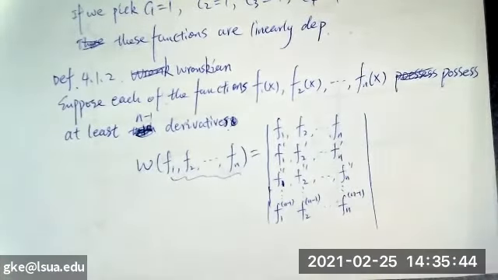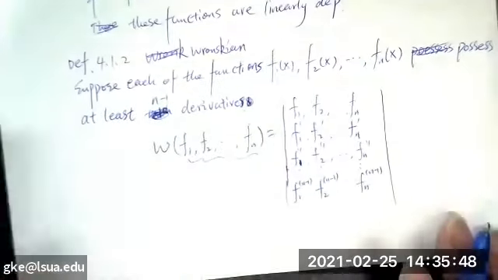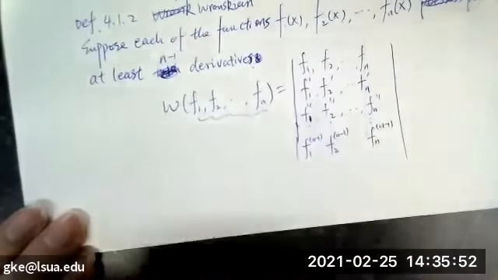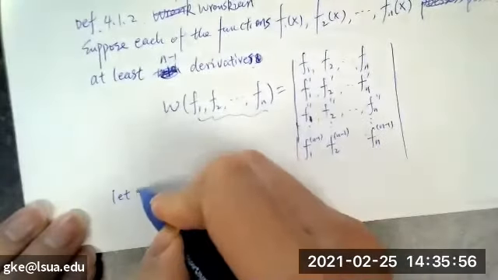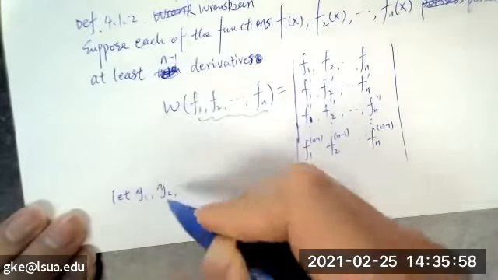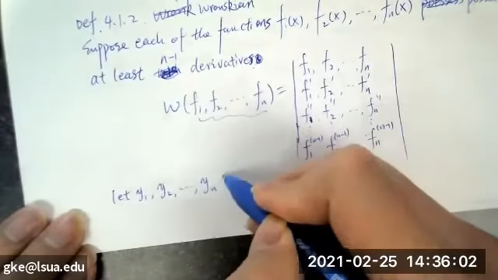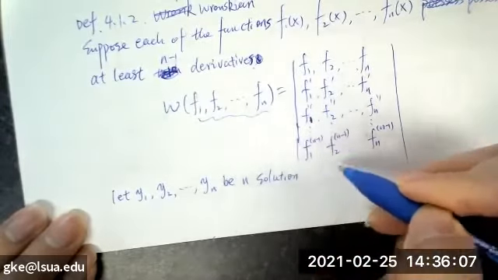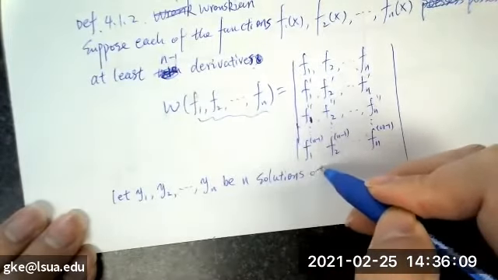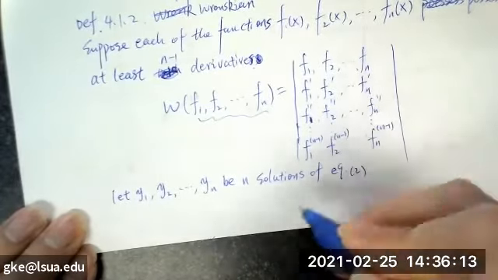So let's take a look. What kind of property do we have? Let y1, y2, ..., yn be n solutions of equation 2.